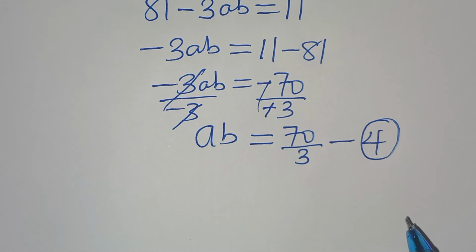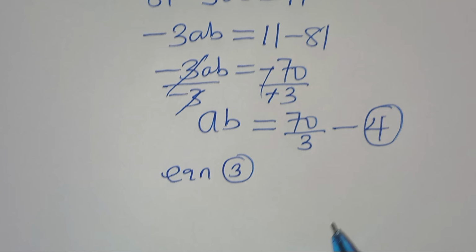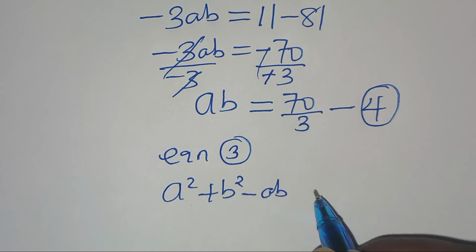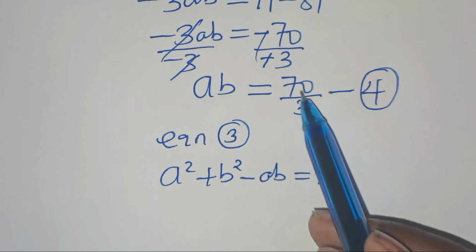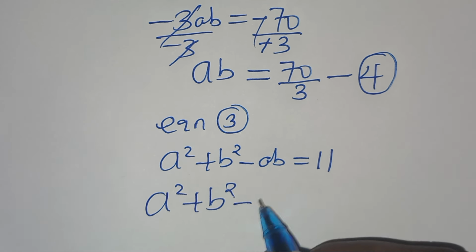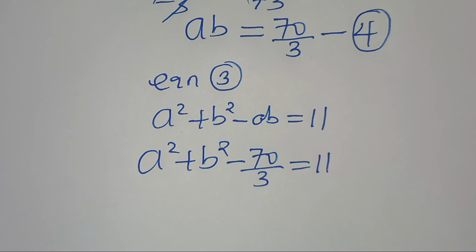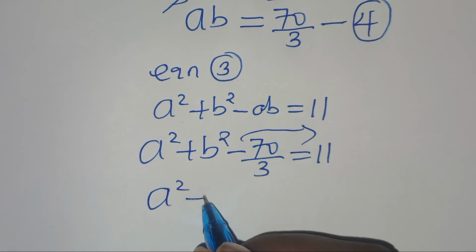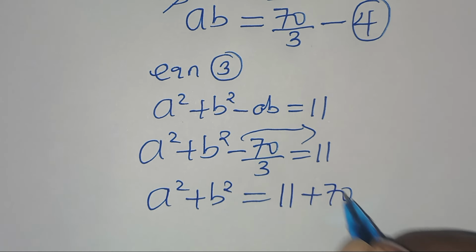Now, from equation 3, which is a squared plus b squared minus a times b equal to 11, let's substitute a times b, which is 70 over 3. So we have a squared plus b squared minus 70 over 3 equal to 11. Now let's take minus 70 over 3 on the right hand side so that a squared plus b squared is equal to 11 plus 70 over 3.